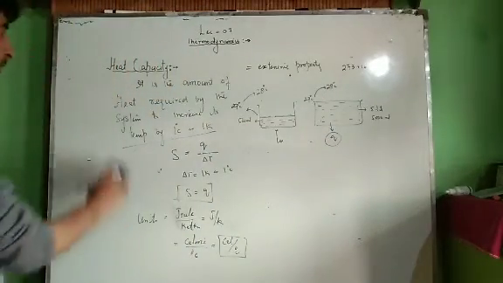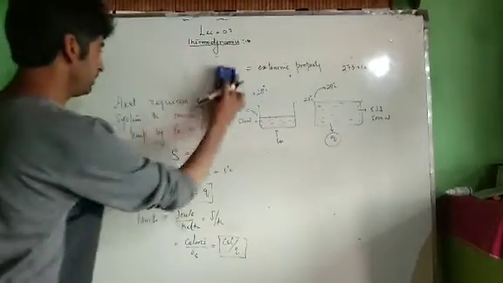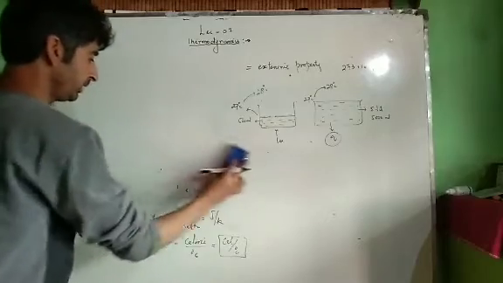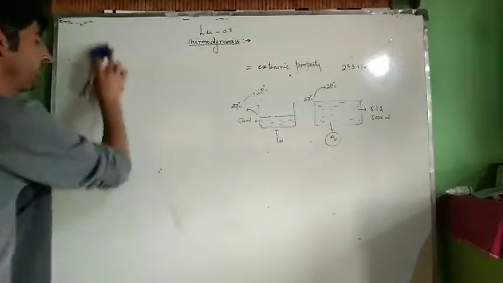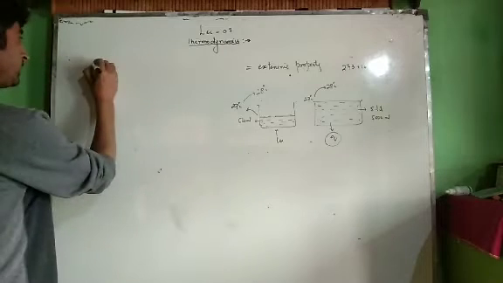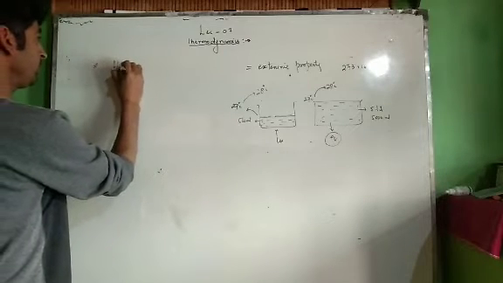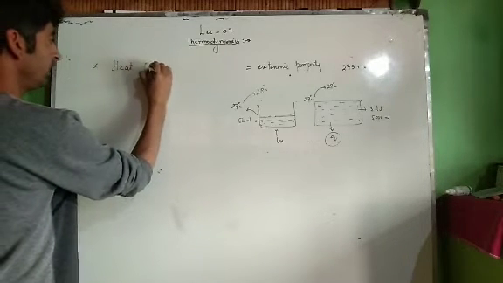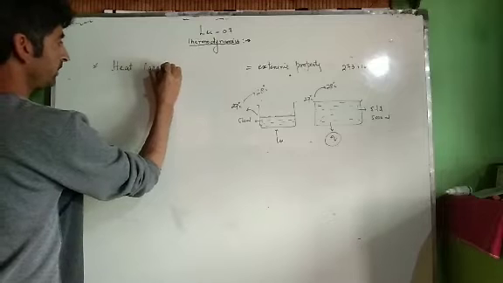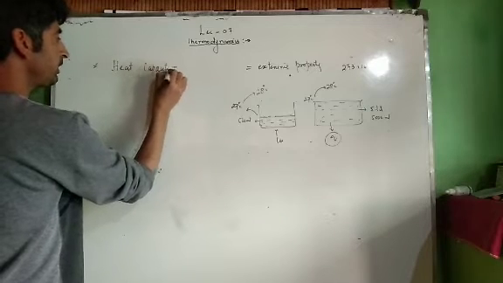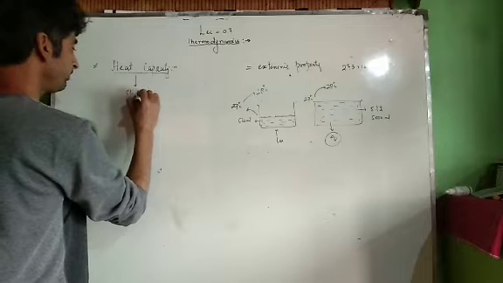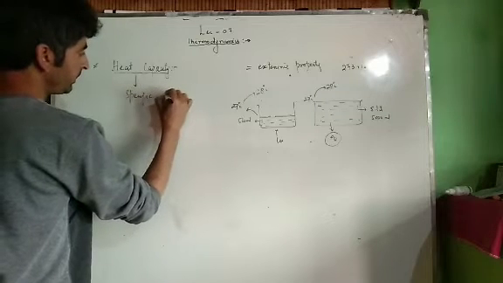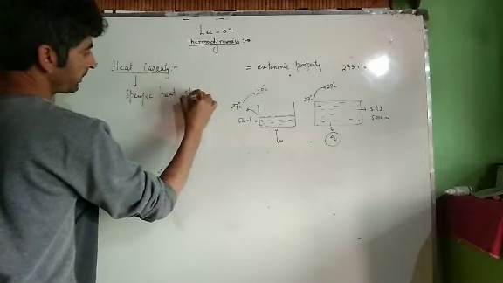Now, this heat capacity, if we define it for solids and liquids, is called specific heat. Specific heat of solids and liquids.